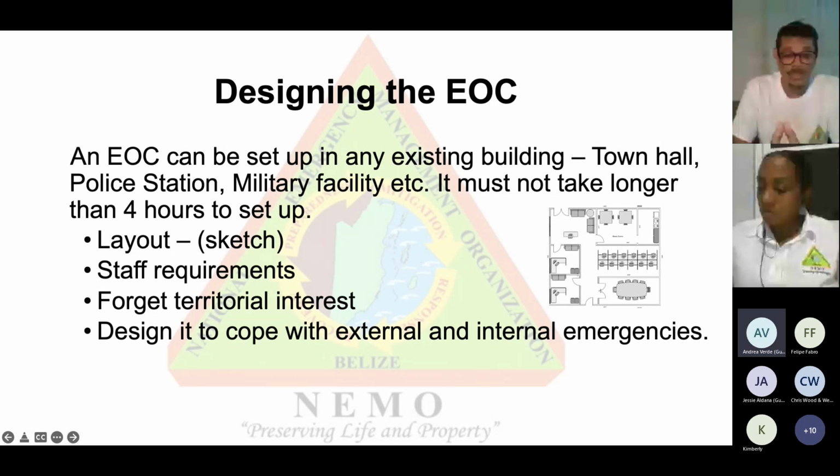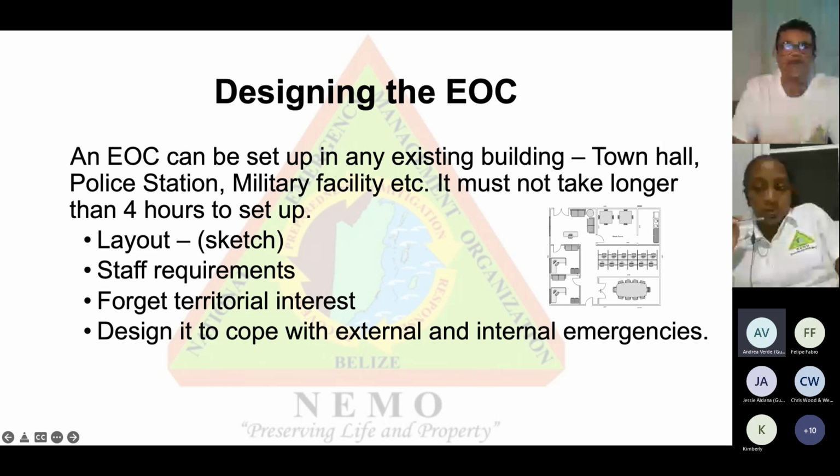You also need a place where you can take your power nap or sleep for a couple hours. And so that has to be crafted out in your building as well, right? So the layout must consider these things. You need to have an idea of how the building is situated so you can sketch that out, right?